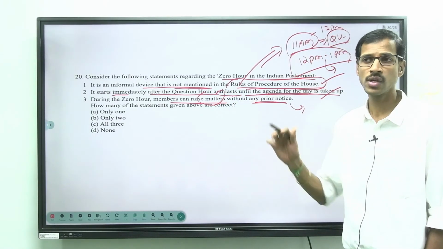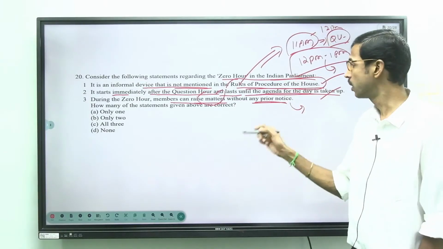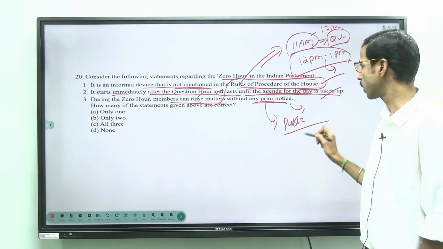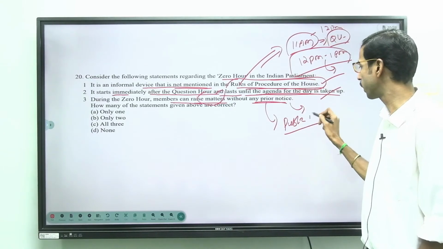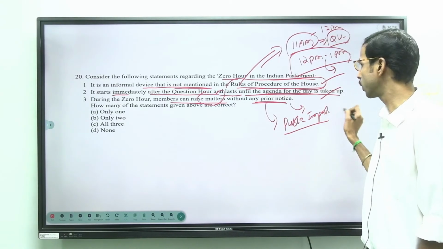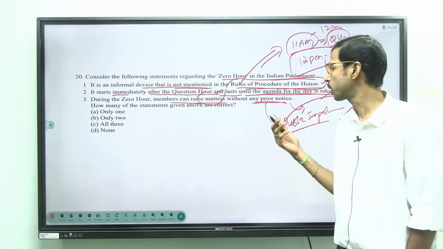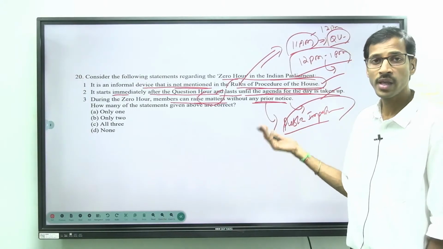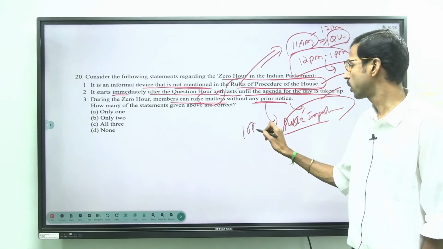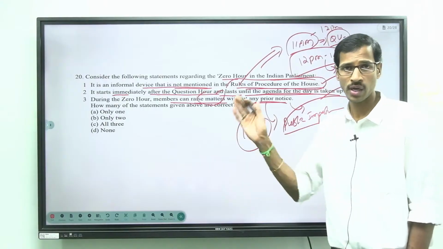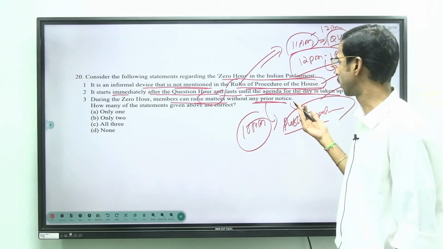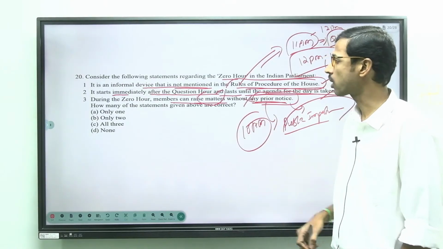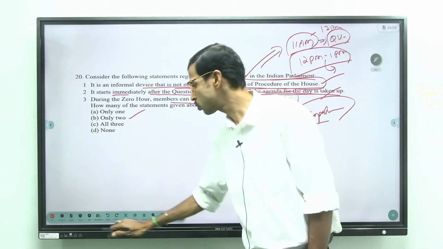This is correct up to some extent: whenever matters are related to public importance, there is no need to take a prior permission or prior notice. But for normal things, they have to give prior notice before 10 AM. That is the condition here. This is a wrong statement, so only 2 statements are correct.